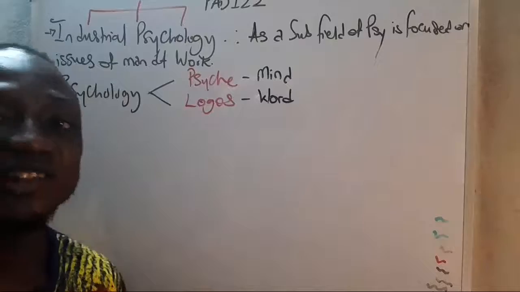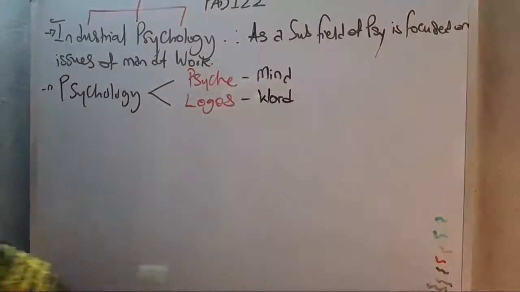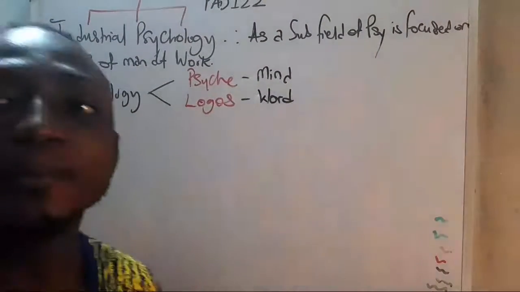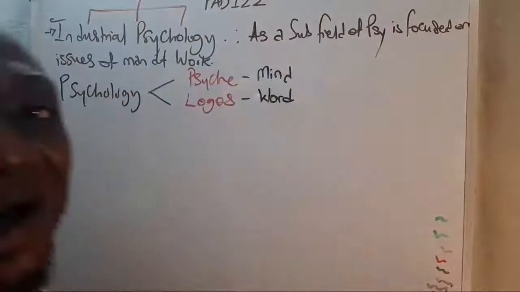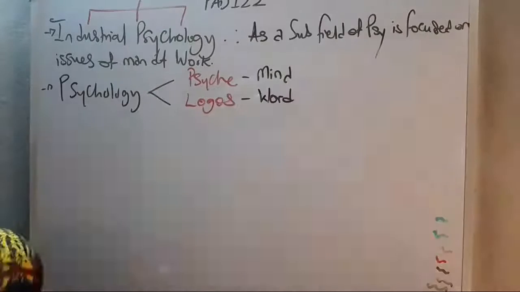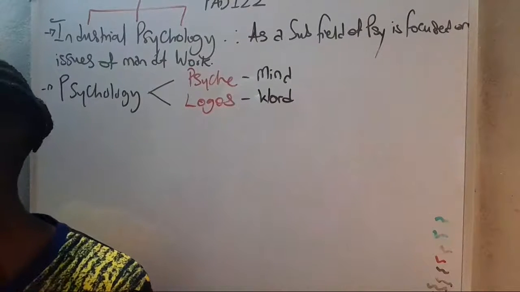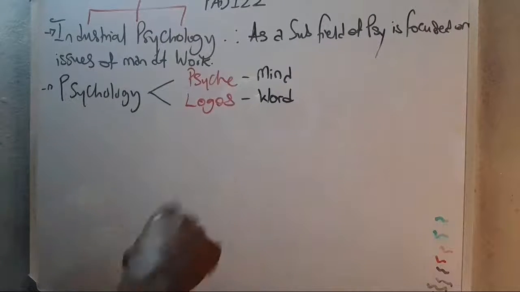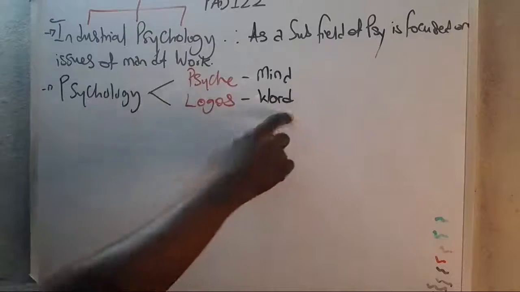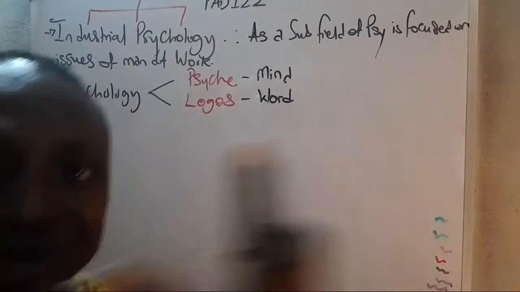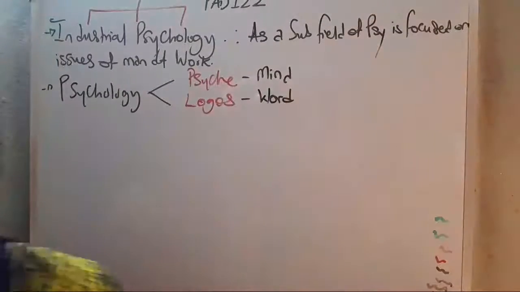Now, the Bible even says that in the abundance of the heart, the mouth speaketh. So, if you can understand the mind, the words that will proceed can be predicted. Psychology deals with how people behave.